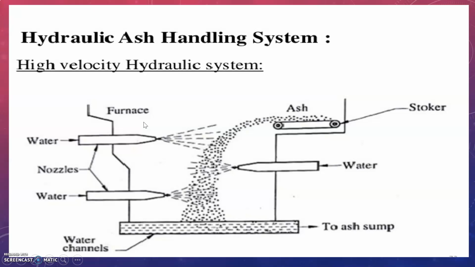Finally, the quenched ash at high velocity is collected in the sump. So this method has several advantages: the ash carrying capacity is high, the whole system is clean and enclosed, discharge of ash is at a considerable distance, and working parts are not in contact with ash. It's a major advantage.